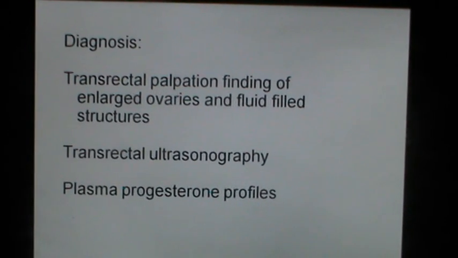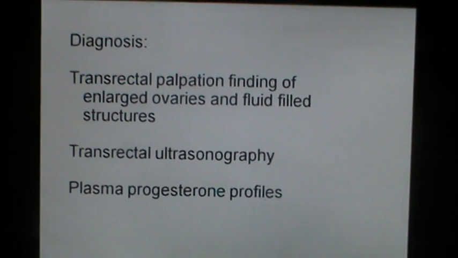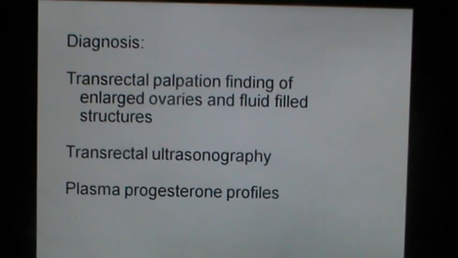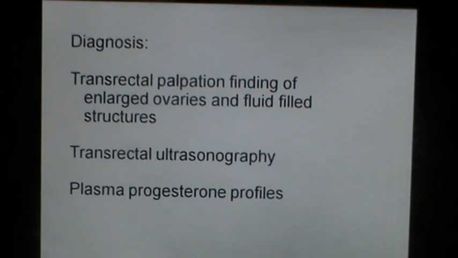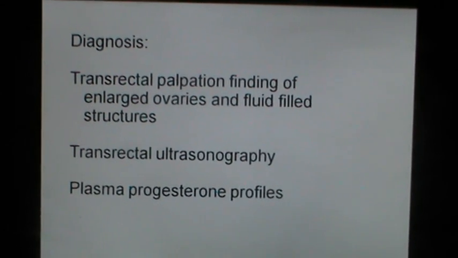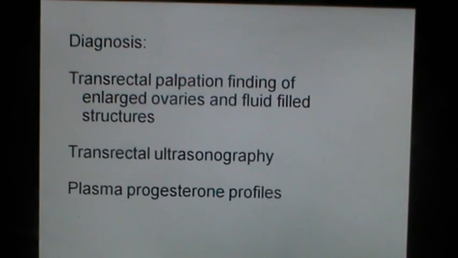The diagnosis of cysts depends on transrectal palpation of the enlarged ovaries and fluid-filled structures. Transrectal ultrasonography can supplement and help in the diagnosis of ovarian cysts. The plasma progesterone profiles can differentiate the follicular and the luteal cysts.